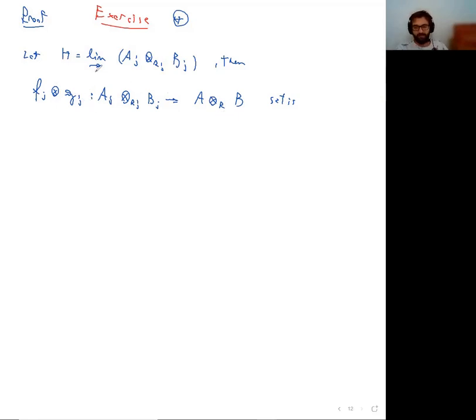And of course, what I imagine is that this f_j tensor g_j is going to be the map that comes with this limit, right? But the point is we don't know that and we have to show it. And what they do is this satisfy: f_j tensor g_j composed with f_ij tensor g_ij. This does satisfy that this is f_i tensor g_i.